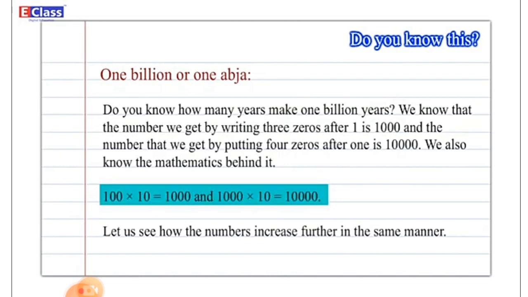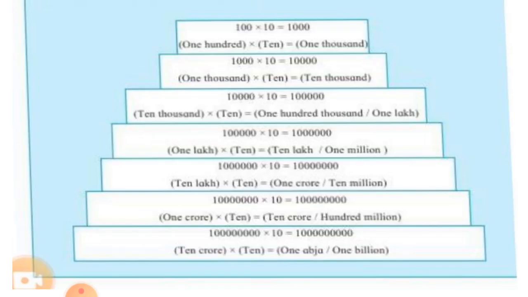We also know the mathematics behind it. That is 100 multiplied by 10 is equal to 1000, and 1000 multiplied by 10 is equal to 10,000. Let us see how the numbers increase further in the same manner.